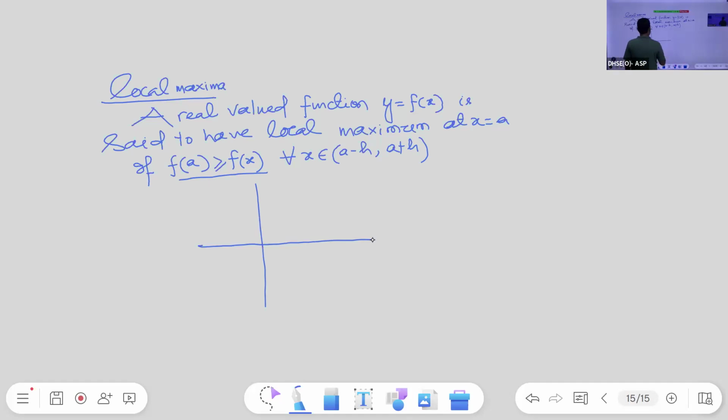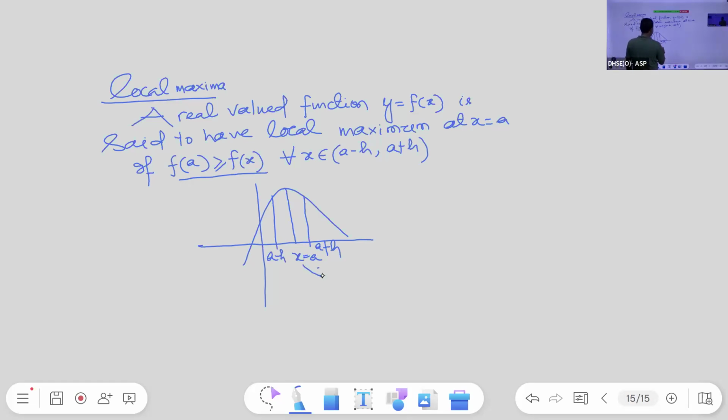Take a look at the graph of the function. Suppose the graph of a function is like this. This is x is equal to a. This is a minus h, where h is a very, very small positive number, and a plus h. So that means the function is attaining the maximum value with respect to its neighborhood points.